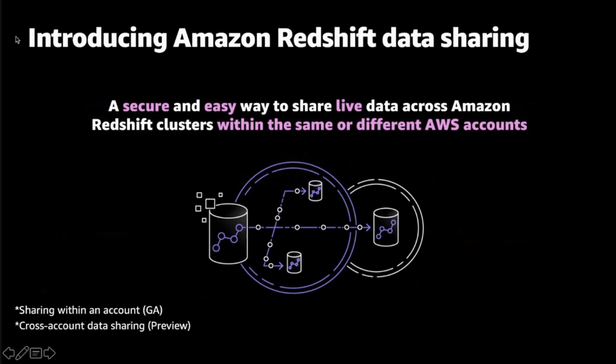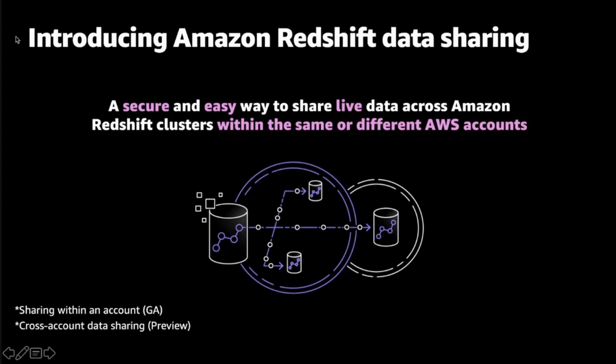With Redshift data sharing, you now have a way to securely and easily share live data between Amazon Redshift clusters. These clusters could be in the same AWS account, or in different AWS accounts. Data sharing is a capability that we announced at re:Invent 2020 last year.